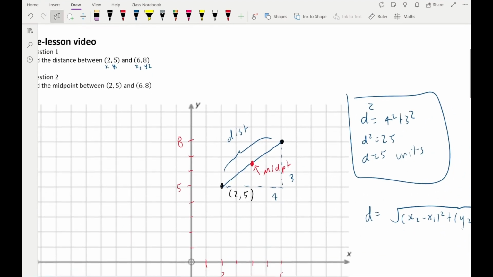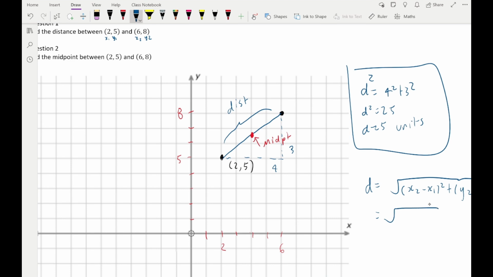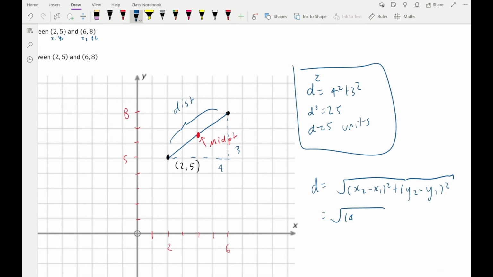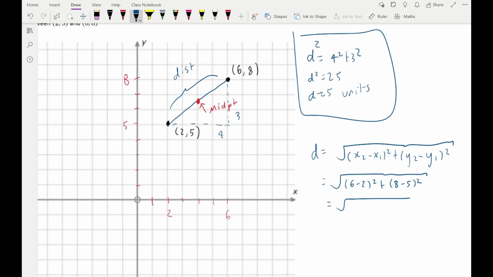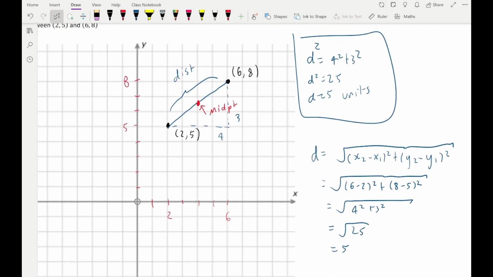When we plug this into the distance formula, I get the square root of (6 take 2) squared plus (8 take 5) squared, which is the square root of 4 squared plus 3 squared, which should hopefully look familiar, because that's the square root of 25, which is 5. So the distance formula is literally just Pythagoras.